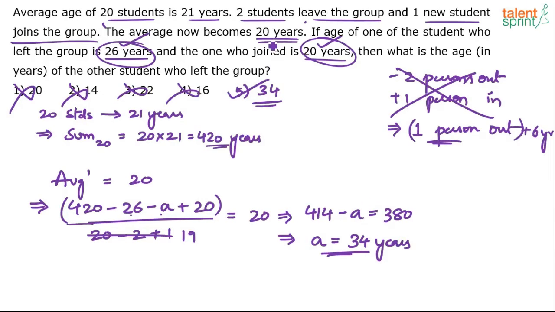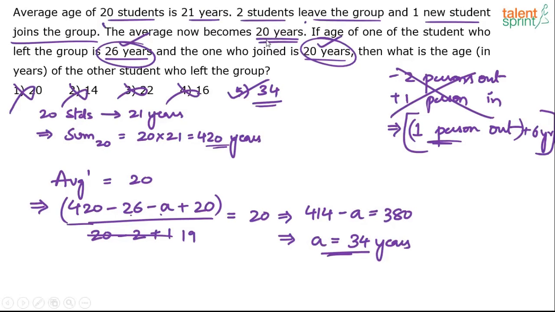See, the average now becomes 20. Yes or no? So for these 19, the average is 20. Otherwise, the average was how much? 21. That means eventually this one person who has gone out plus 6 years has resulted in a loss of how much? Earlier all the persons were 21 years. Now all the 19 persons are 20 years.